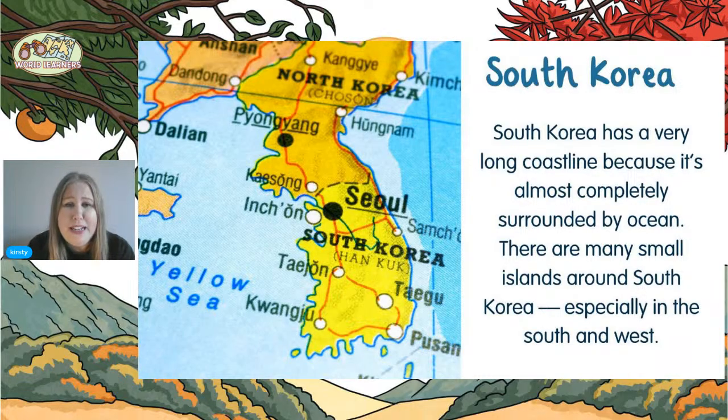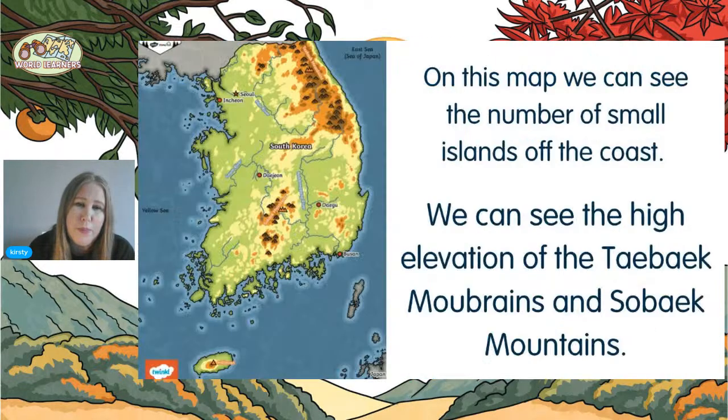There are many small islands around South Korea, especially in the south and west. Not all shown on that map there, but there are a lot of islands, particularly on that southwest corner. On this map, we can really start to see the islands. Look at all of those islands all dotted around off the coast.